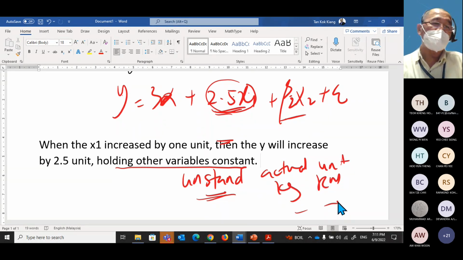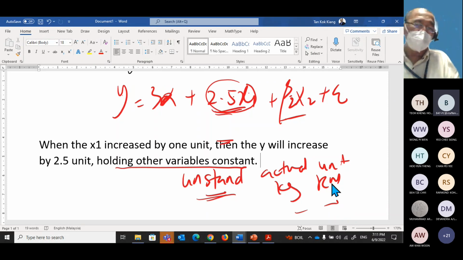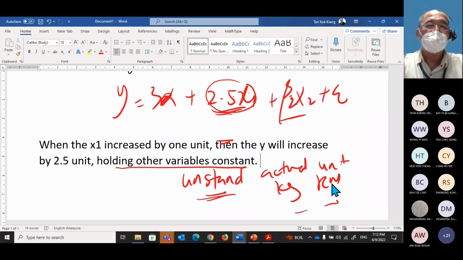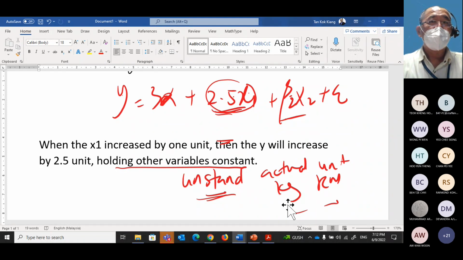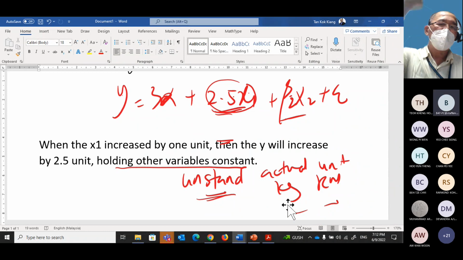But standardized betas have no unit, they are free from unit. If we mention increase by 1 unit, then the dependent variable will increase by 2.5, this is unstandardized. If standardized, we would not mention units like kg or ringgit.